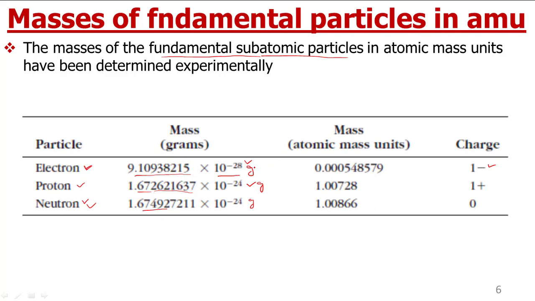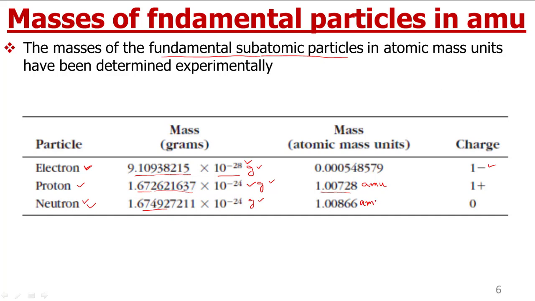Now we have to convert these grams into AMU. If we convert grams into AMU, you will get the mass of a proton as 1.00728 AMU and the mass of a neutron as 1.00866 AMU.